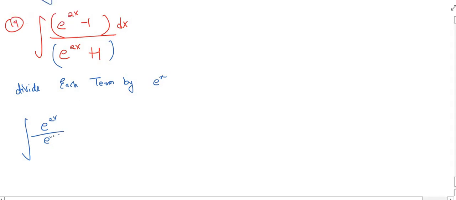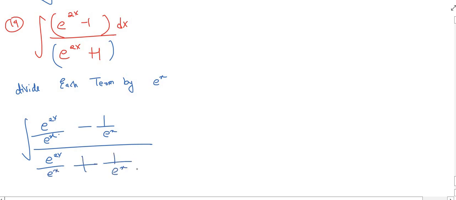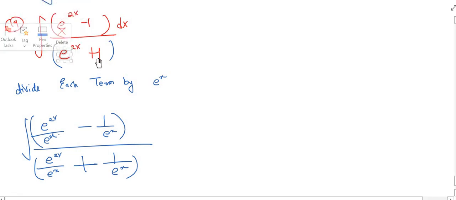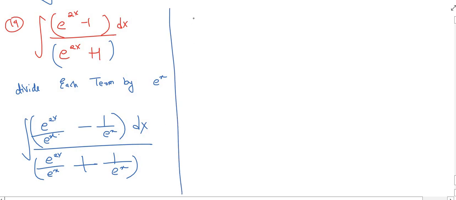So this is the first term, 1 by e raised to power x, divided by 2x by e raised to power x plus 1 by... I divided each term, meaning everything divided by e raised to power x. What will be the benefit of that? Let us see.